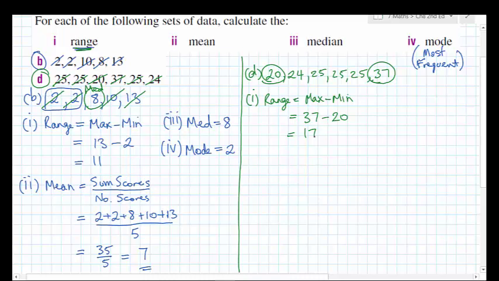I then need to have a look at my mean. My mean is my sum of scores over my number of scores. So what I simply need to do here is write 20 plus 24 plus 25.